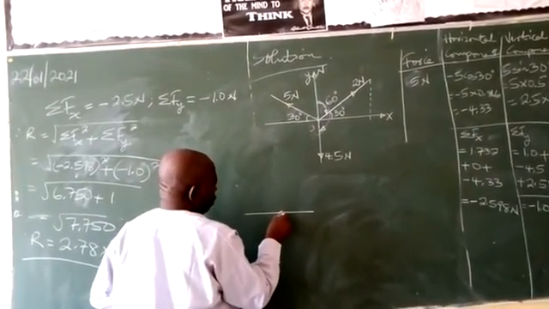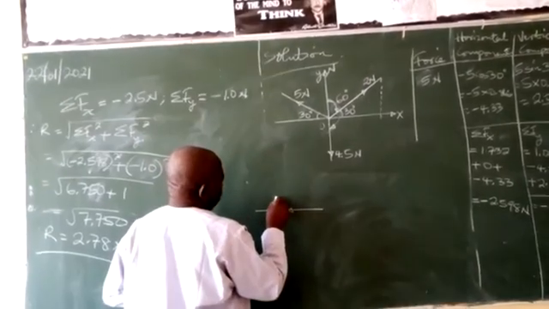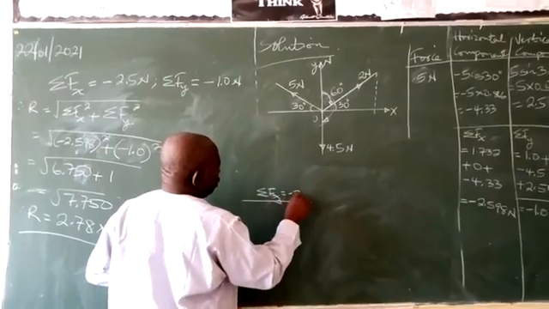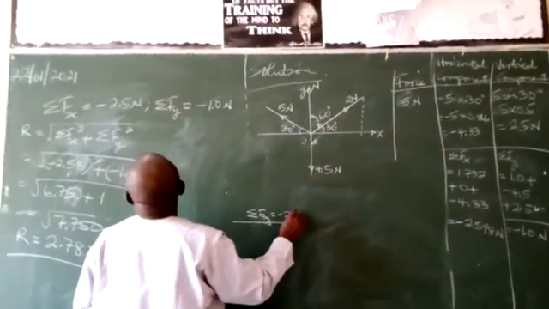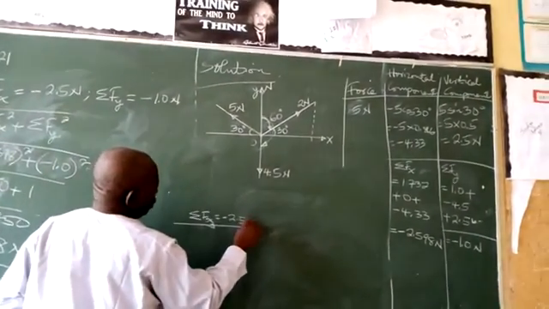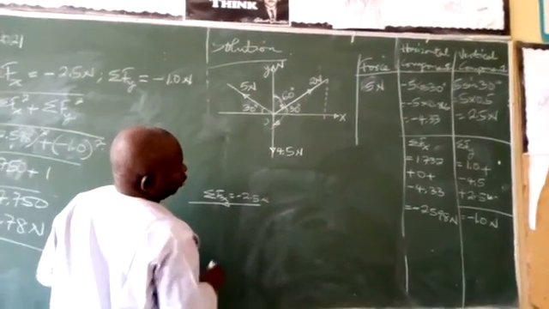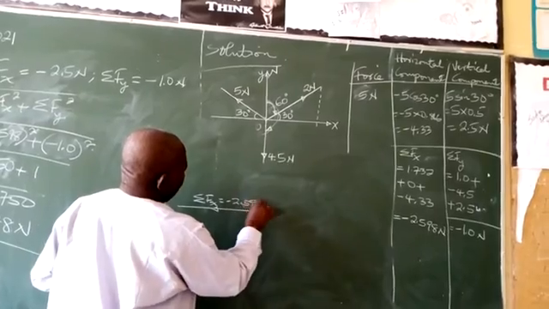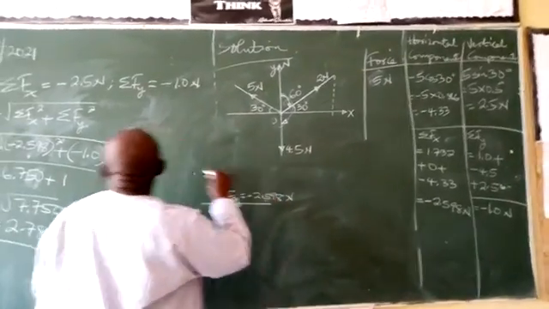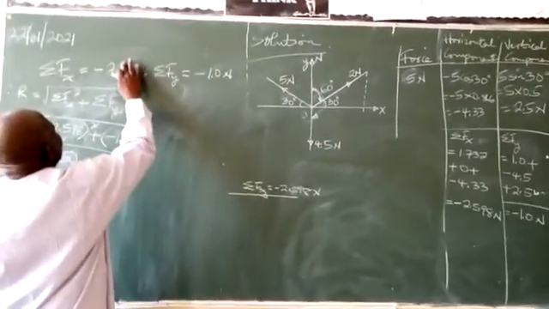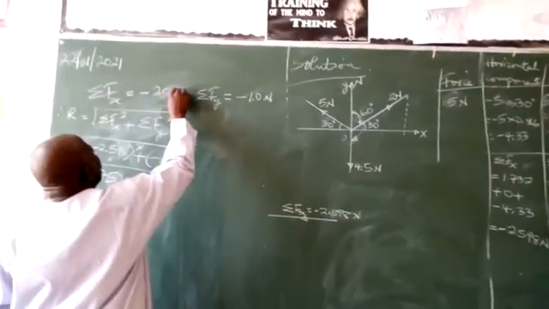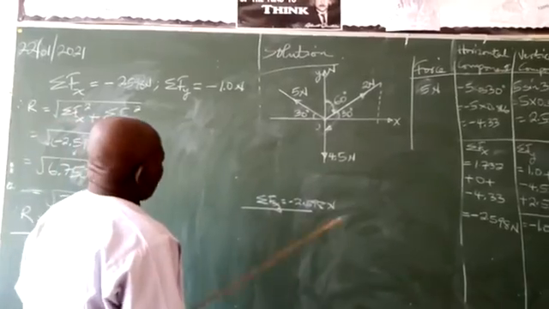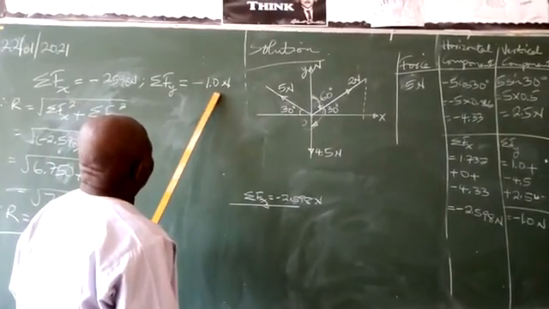This is summation f sub x, which is minus 2.598 Newton. Then summation f of y is also negative, minus 1 Newton.